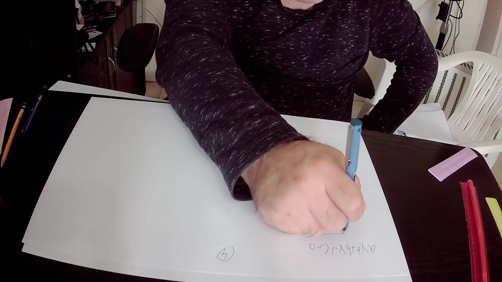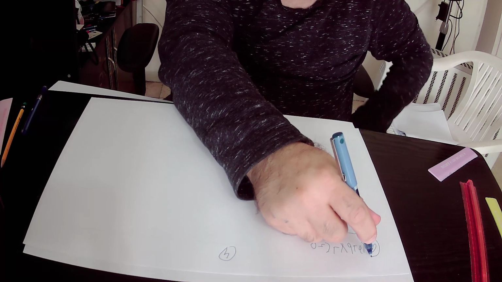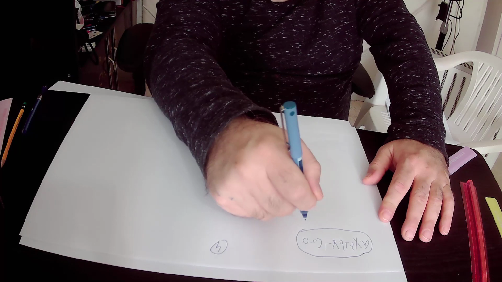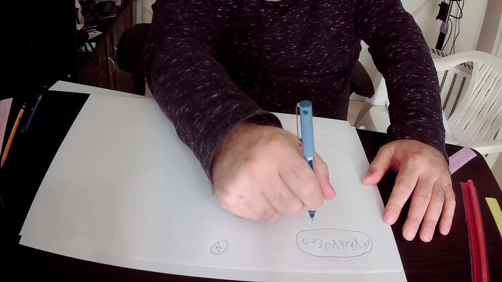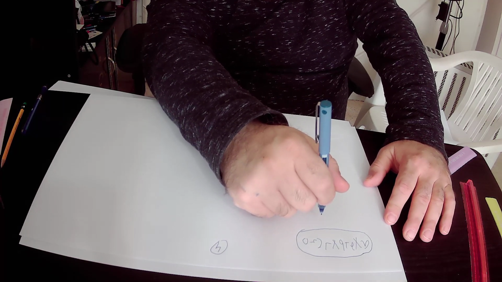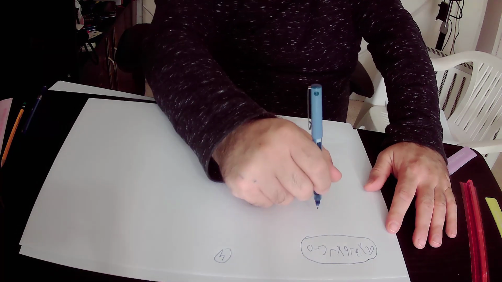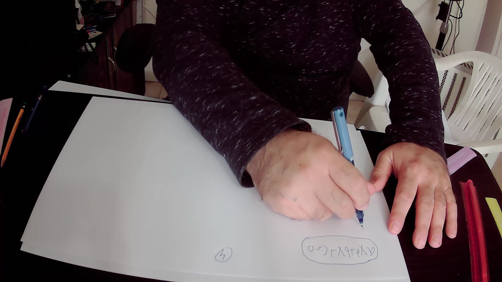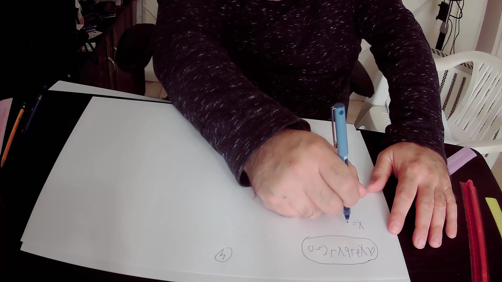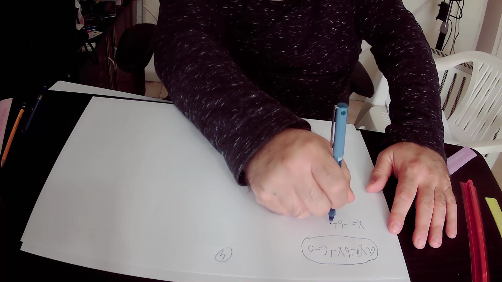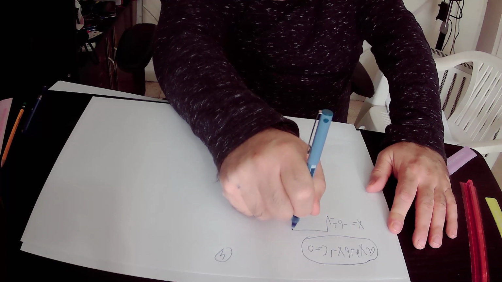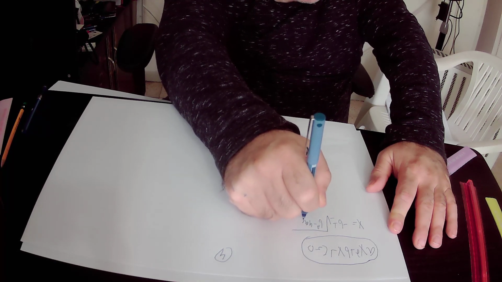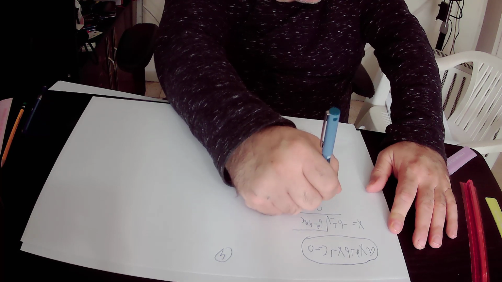Here a, b, and c are the coefficients of this quadratic equation, and x is the variable that we are looking for, and we will find out the value of x according to a special formula. x equals minus b plus minus square root of b squared minus 4 times a times c over 2a.